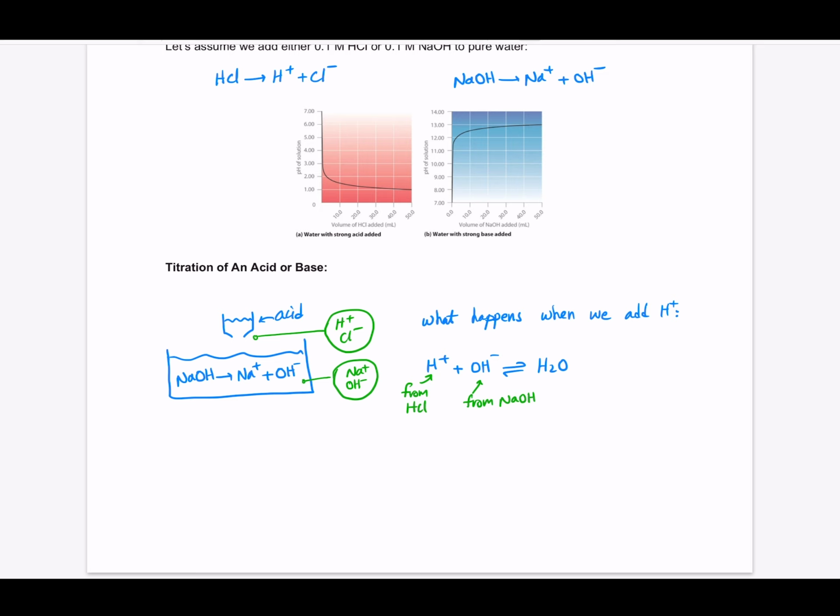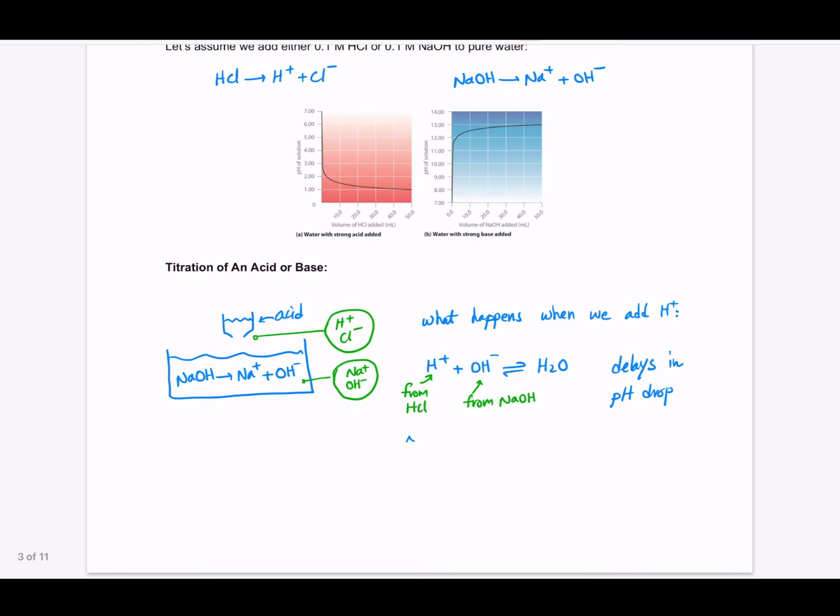So what it means is that we're introducing acid, H plus, but H plus is not impacting the pH. Rather, it's been consumed by the hydroxide that is there. So what it does is it delays the pH drop. Delay doesn't mean in terms of time, but rather in terms of how much proton we're adding.